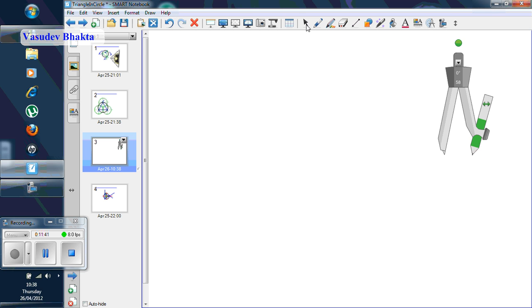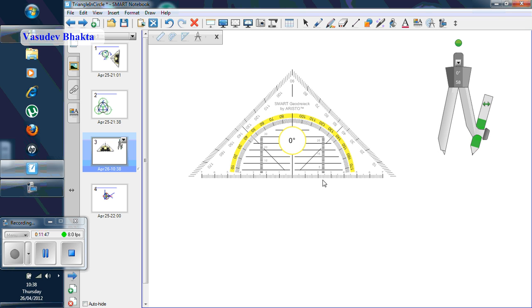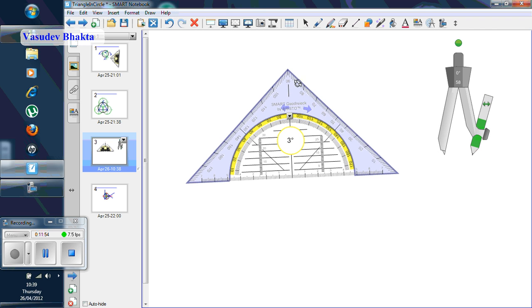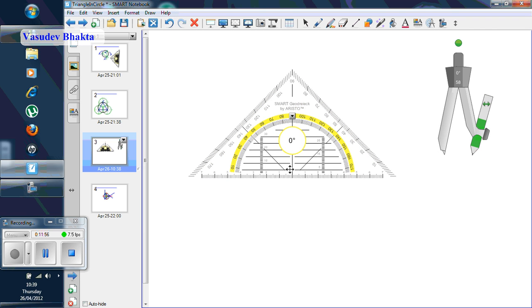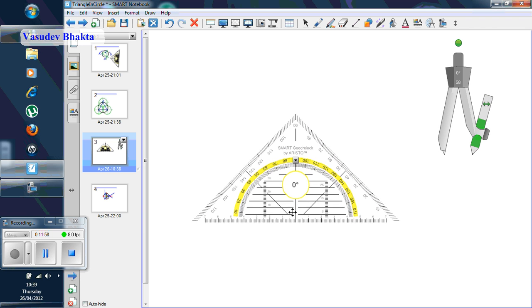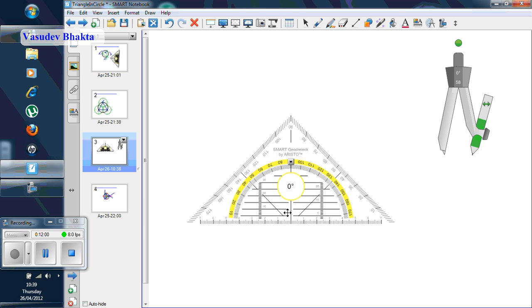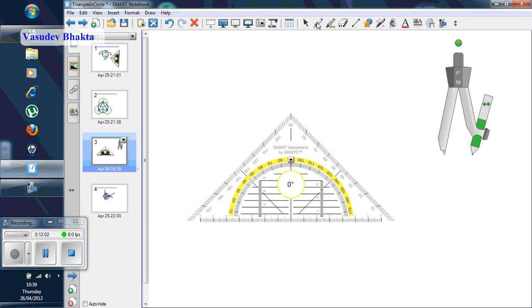The simplest one would be to get my set square back out there. I'm going to try and move it so that I've sort of got it near the bottom of the screen.